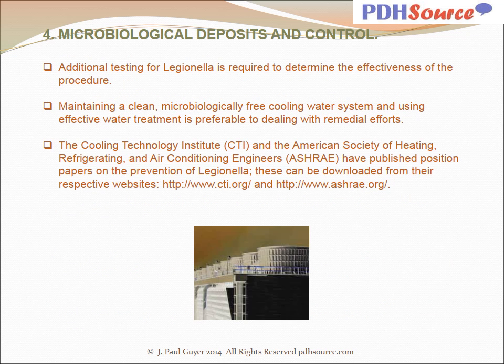Additional testing for Legionella is required to determine the effectiveness of the procedure. Maintaining a clean, microbiologically free cooling water system and using effective water treatment is preferable to dealing with remedial efforts. The Cooling Technology Institute and ASHRAE have published position papers on the prevention of Legionella, and these may be of some technical value.